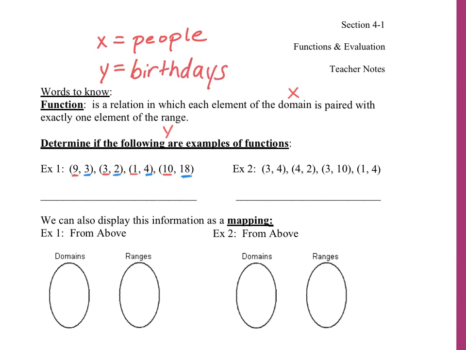Y's are birthdays, okay? So is it possible for two people to have the same birthday? Yes. Me and Mason, yes, sir. Okay. So two people can have the exact same birthday. That's totally fine. Okay, so my y values, they can repeat all day long, okay? Because different people can have the same birthday.